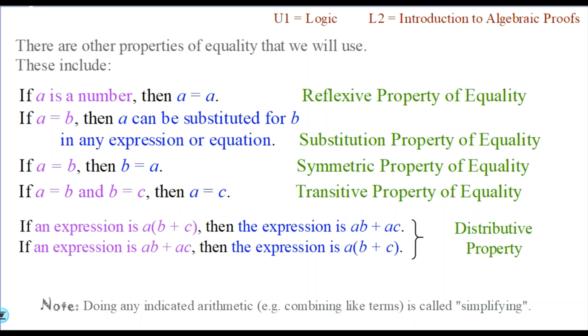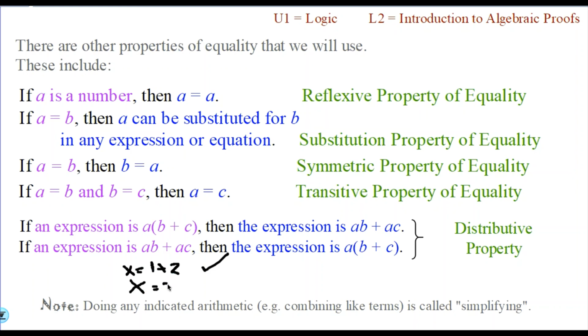So those are them. If you just do some arithmetic, then you're not really using a property of equality. Like if you have x equals 1 plus 2, and you know that's true for some reason, so you've got a reason over here, then you can say, well, x equals 3.